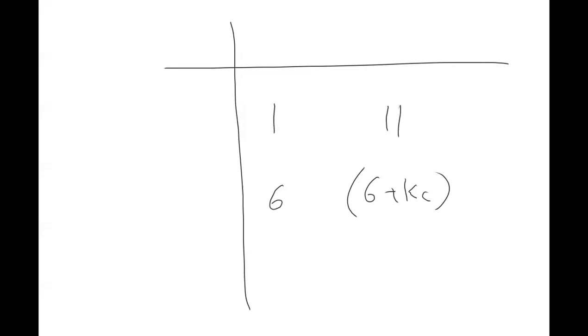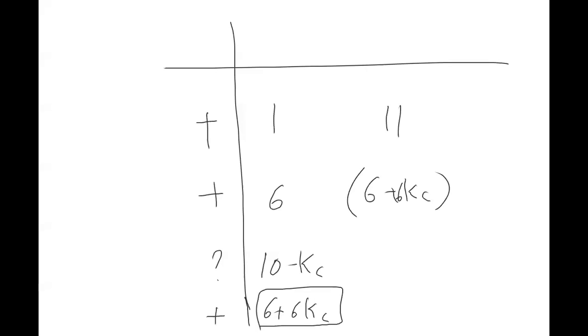Did I write wrong? 6 plus 6Kc minus 11, 66 by 6 is 10 minus Kc. 10 minus Kc is 6 plus 6Kc. So this is positive, this is positive, this is a question mark, this is also positive. Clear? Don't take this as a negative. This is positive because Kc is positive, no?